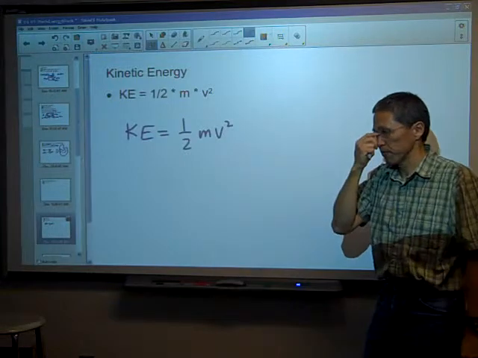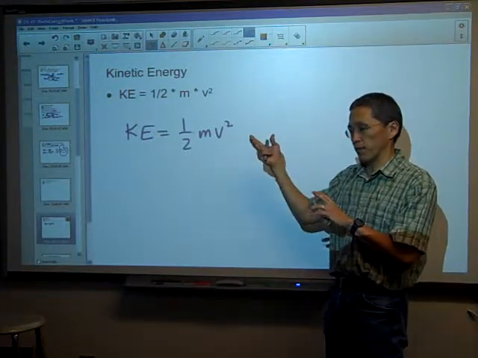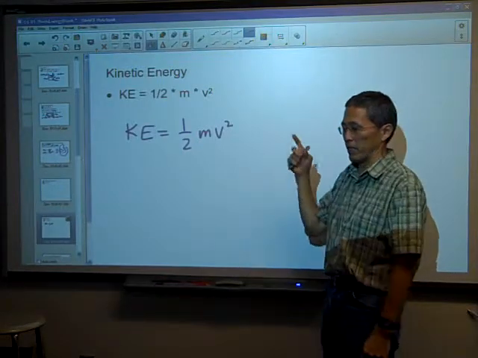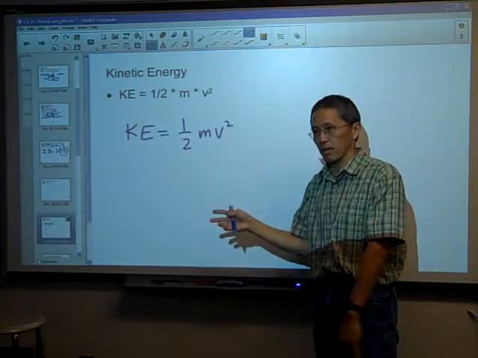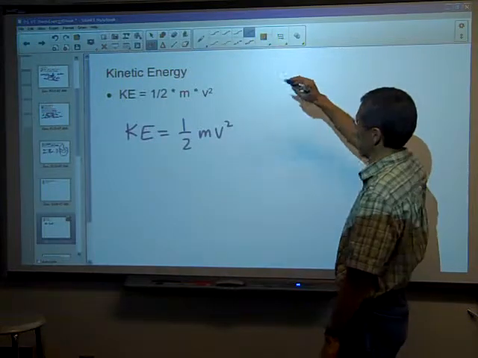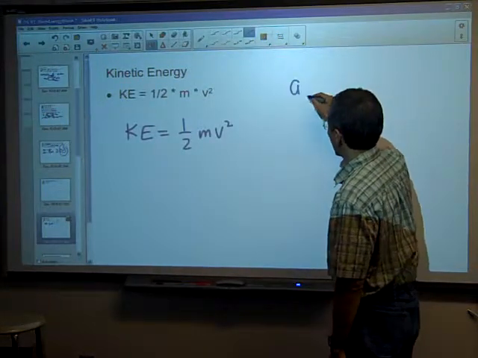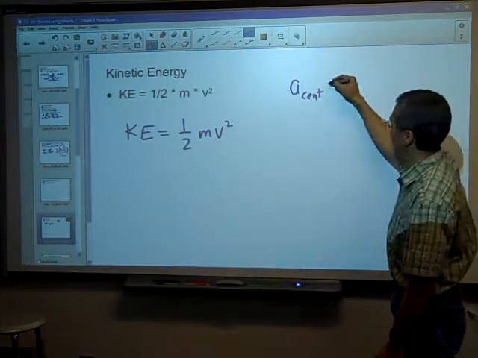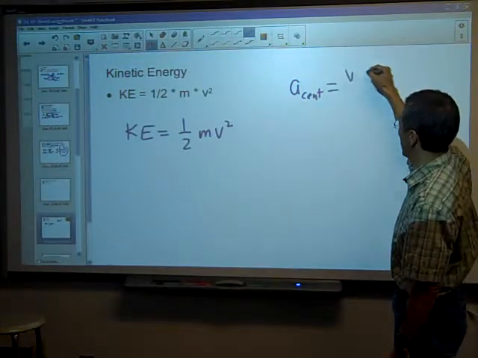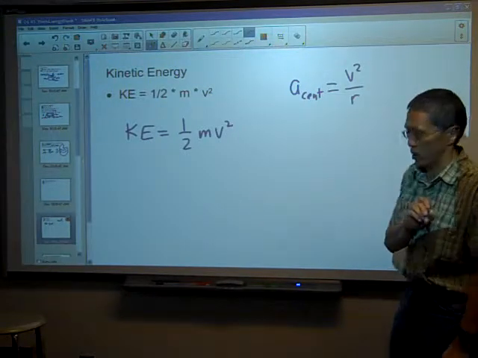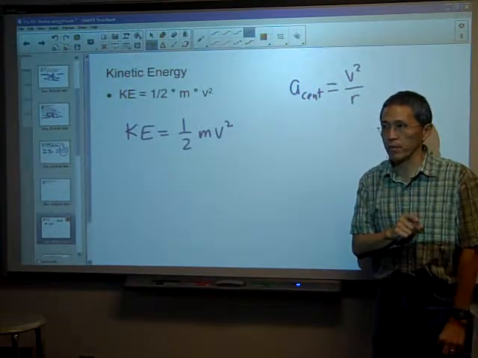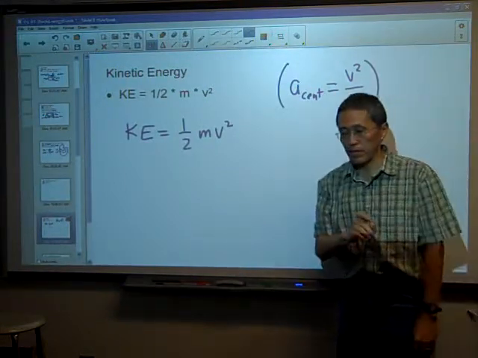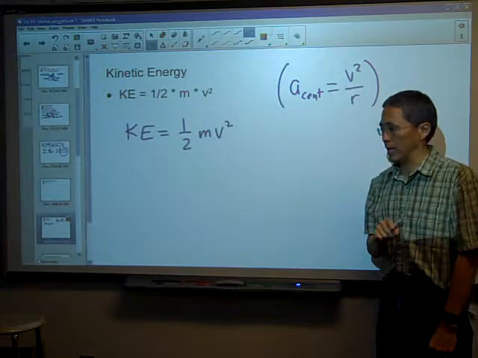And the one rotational thing that we need to remember, kind of going out of order, is that there are a couple of problems we're going to do where we have to know centripetal acceleration, which we'll talk about later. Just write this down for now. We'll explain it a little bit more. It is v squared over r. Okay? So kind of put this in your memory banks for a little bit, but we'll come back to that later.